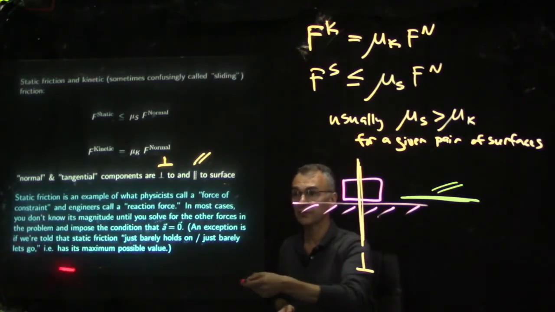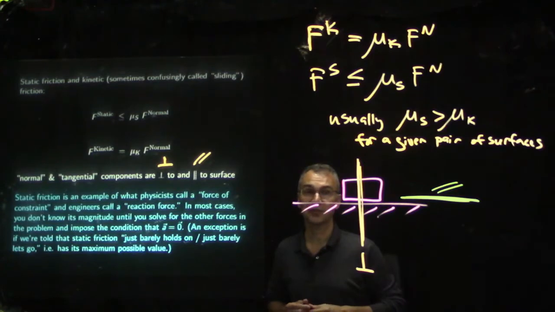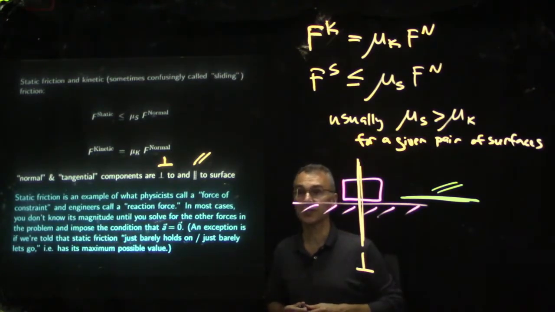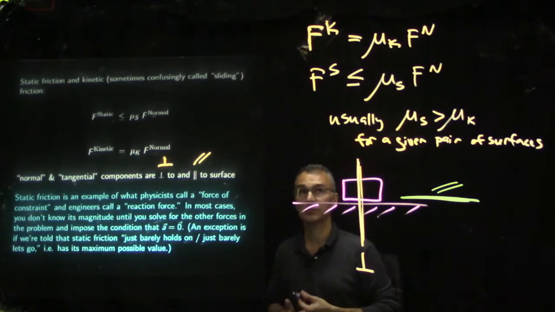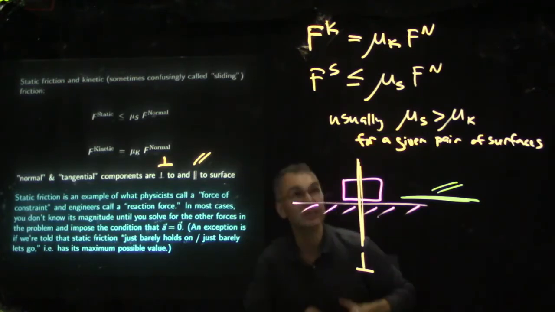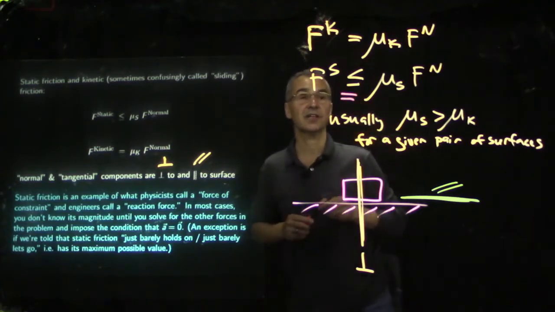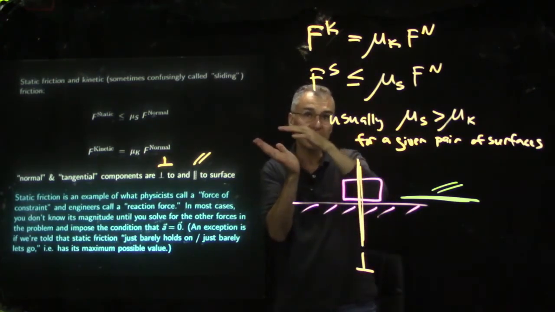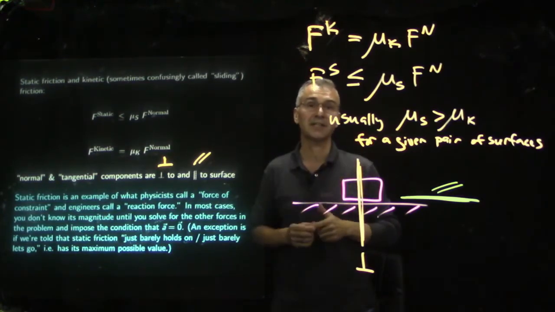One exception for when you do know the magnitude of static friction is if you're told that static friction just barely holds on or just barely lets go, then that means that static friction just barely has its maximum possible value. And in that case, you say this less than or equals becomes an equal sign, because you're asking where is static friction exactly approaching its maximum so that it then gets a little bit beyond that and lets go.